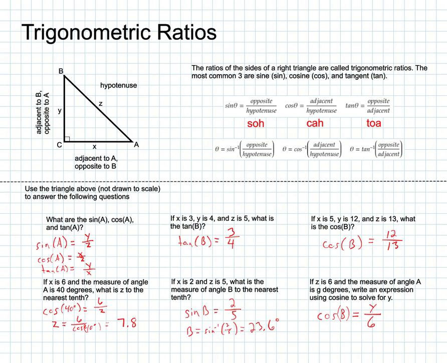We know that angle C is a right angle, so that's 90, so we're left with g and an unknown. Together, they have to equal 90 degrees. So if we write angle B in terms of g, we would get the cosine of 90 minus g is equal to y over 6. Then to isolate y, we'll multiply both sides by 6. So that will give us y is equal to 6 times the cosine of 90 minus g. And that is our expression.